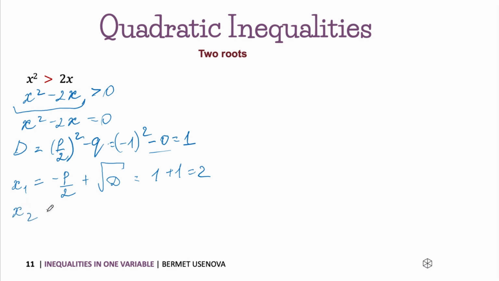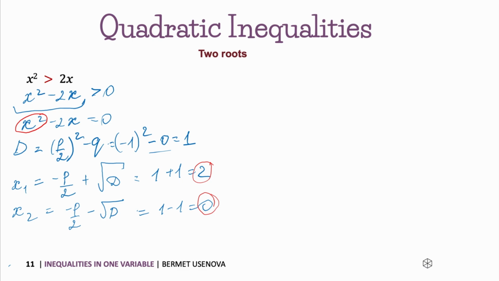And x2 will be minus p divided by 2 minus the square root of the discriminant, which will be 0. So we have two roots here, 2 and 0.